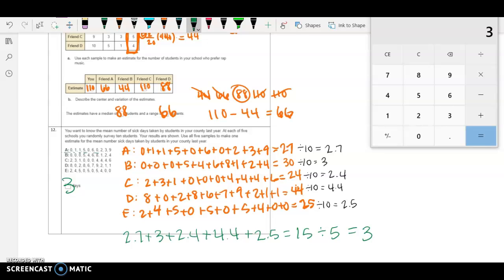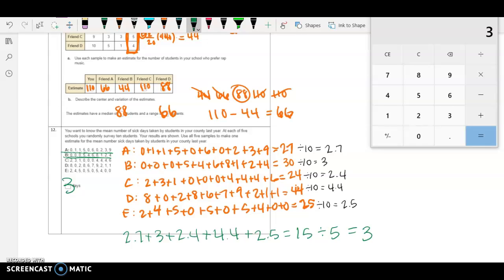In each of my groups, I have 10 numbers. So I divide by 10 because the average is to add them all up, and then divide by the number of numbers. So 27 divided by 10 is 2.7, 30 divided by 10 is 3, 24 divided by 10 is 2.4, 44 divided by 10 is 4.4, 25 divided by 10 is 2.5.